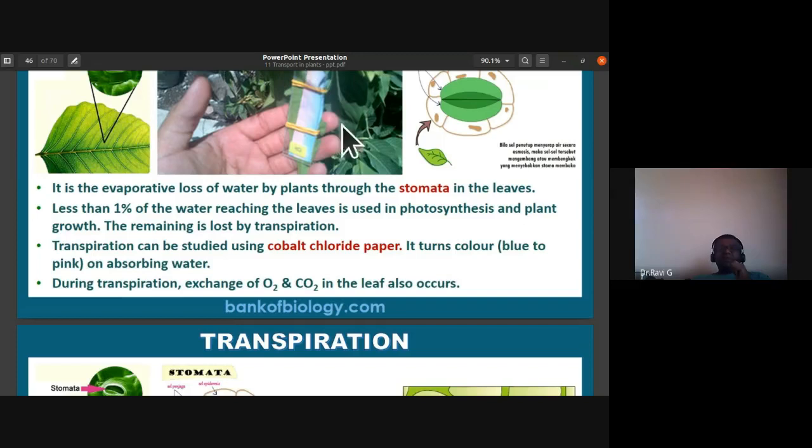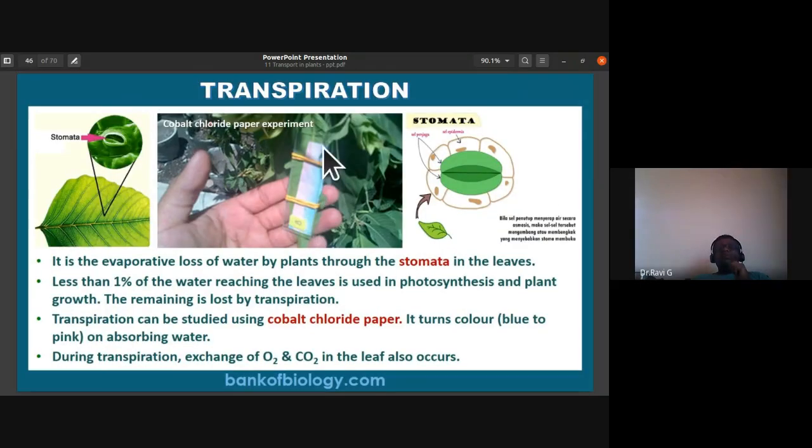So there is an experiment done to demonstrate the transpiration. We call it as the cobalt chloride paper experiment. So a leaf is placed in between two cobalt chloride paper. Okay, so in between a slide and the cobalt chloride paper is placed on both upper and lower surface, and another slide is placed and we just put a rubber band on both the ends.